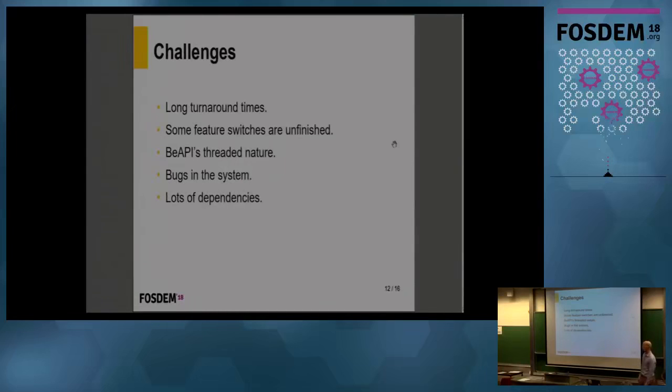So every drawing operation needs to have locks around it, and that was the reason it crashed a lot, because sometimes a command can be issued to a window that is already destroyed, so it's no longer there, and then it crashes. There are bugs in the system, which I'm going to talk more about later, and there are lots of dependencies, which is also a substantial amount of work.